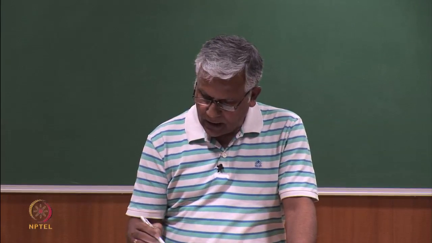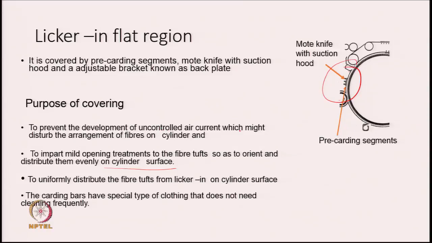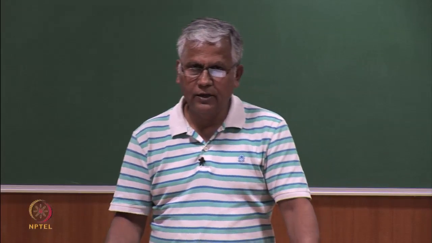And as soon as they are covered, it can prevent uncontrolled air current which may disturb the arrangement of fibers on the cylinder. So, this zone is covered and we make use of this zone for cleaning and opening the fiber tufts.